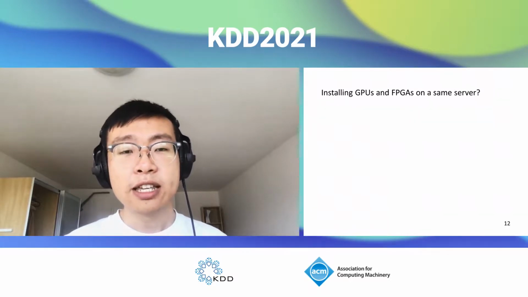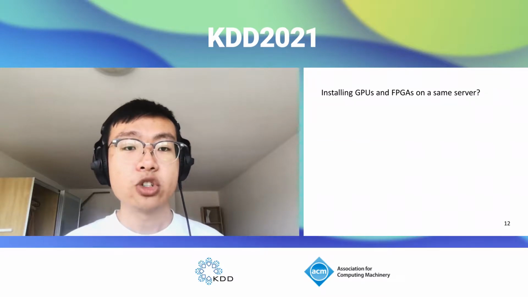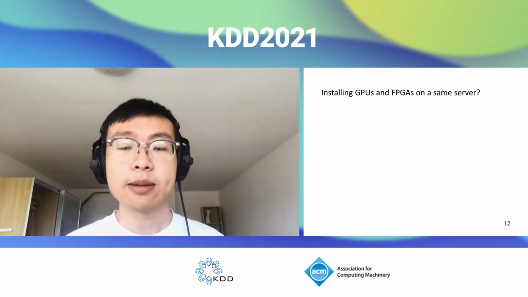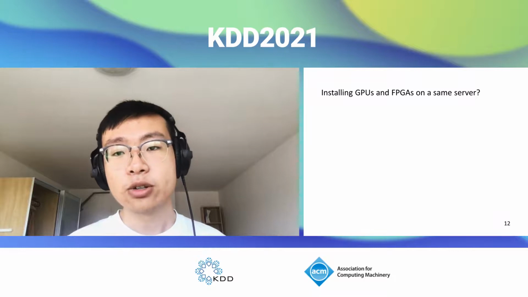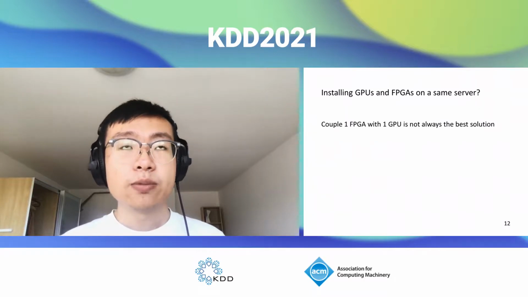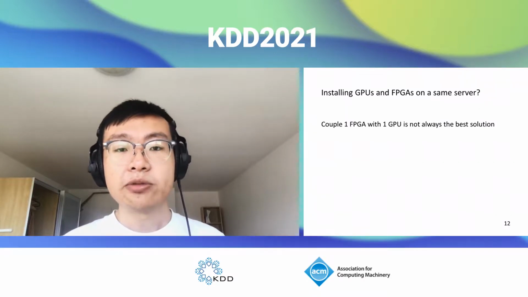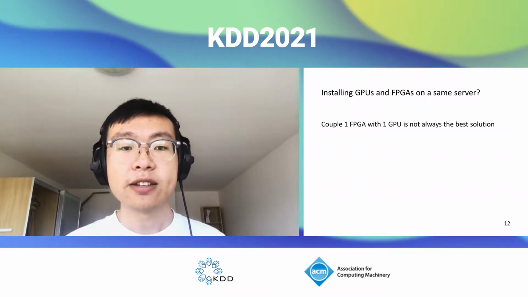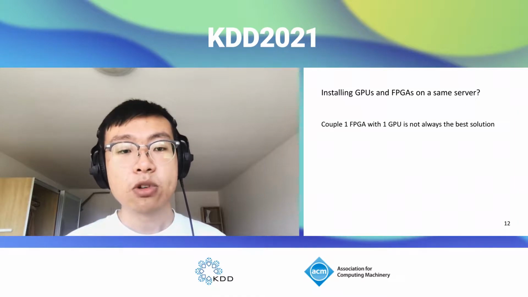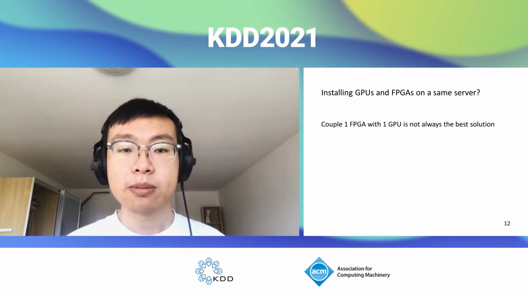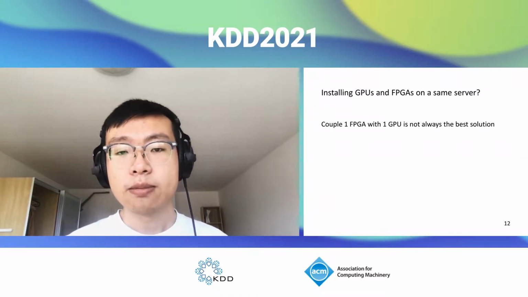So the naive idea is that we can install some GPUs and FPGAs on the same server. But is this a good idea? Well, there are many types of recommendation models, and some of them are more memory access intensive, for which you may need more FPGAs to do the embedding table lookup. For some other models, it may only have a few embedding tables and be intensive on computation, for which GPUs are more important.